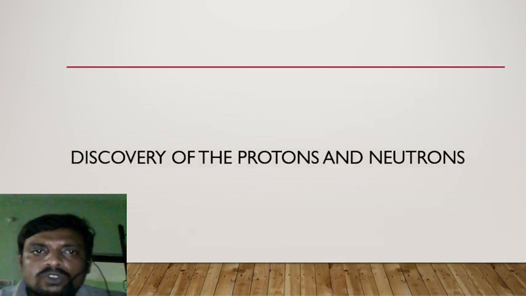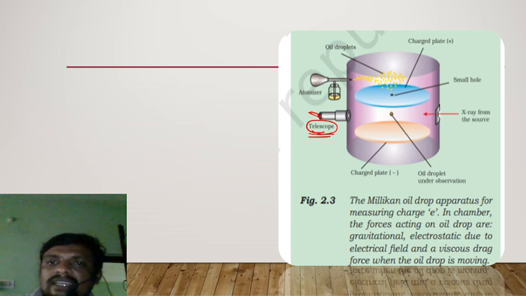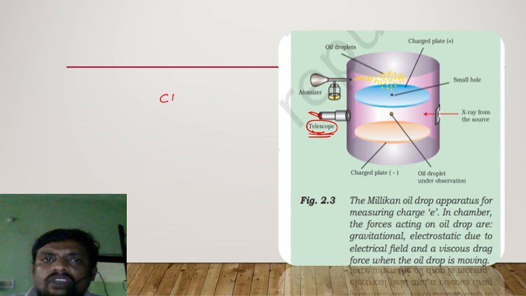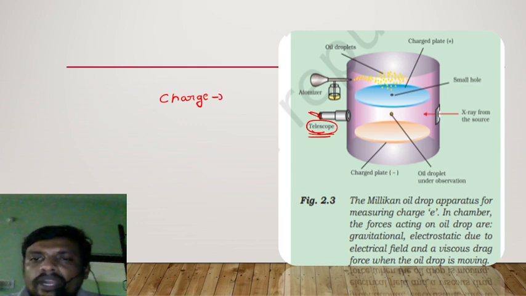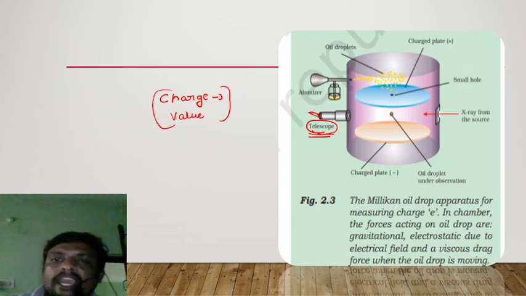The final conclusion is that, in the experiment for measuring the charge after the collision, Millikan was able to find the specific value of charge.